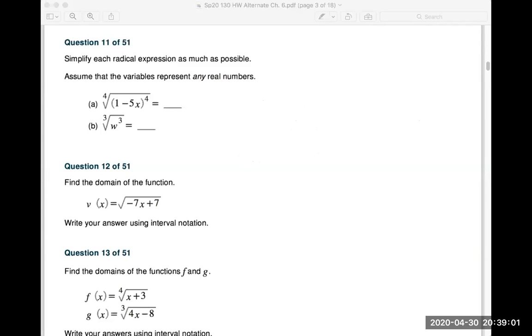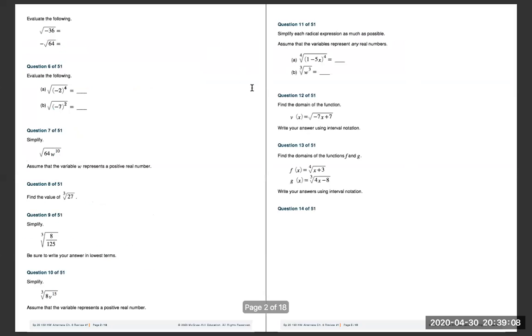All right, let me clear this and then go ahead and, okay, hopefully you can see that. So I'm gonna start with number 11. I gotta rearrange some things here.